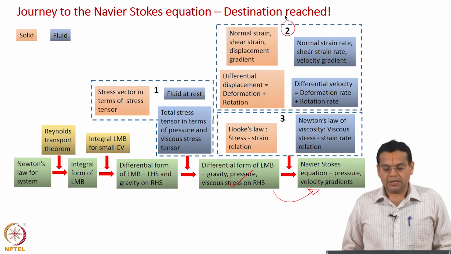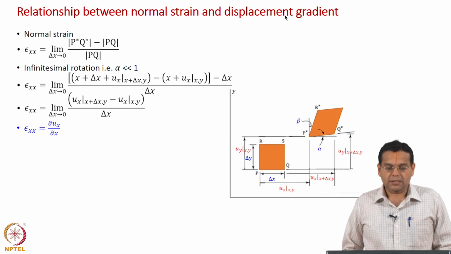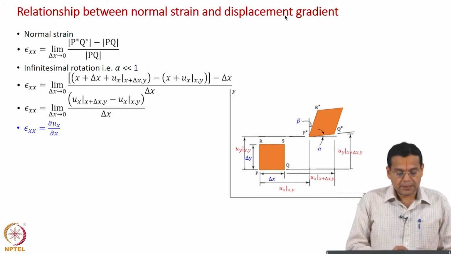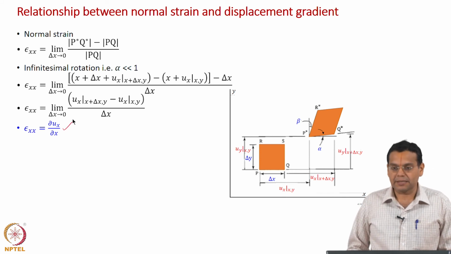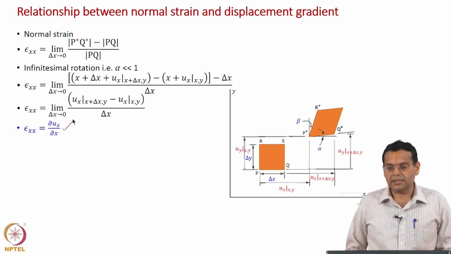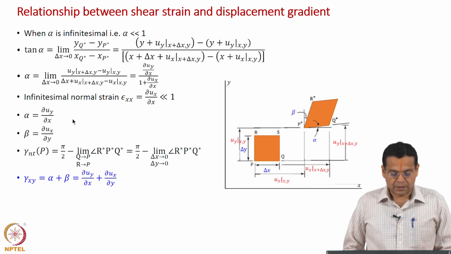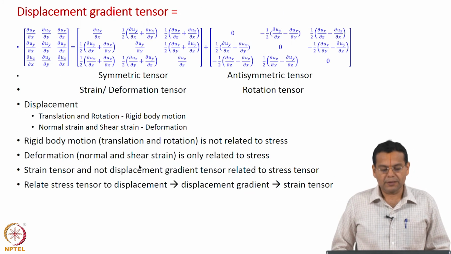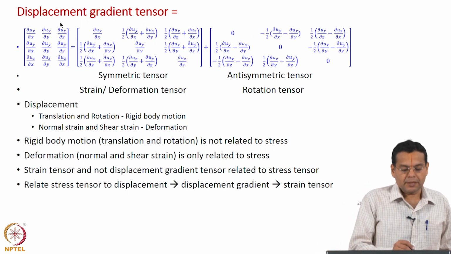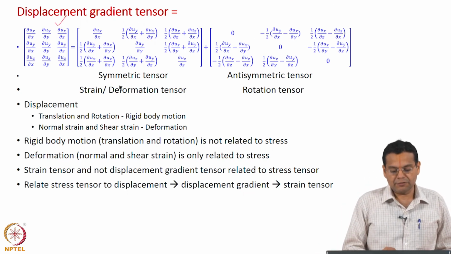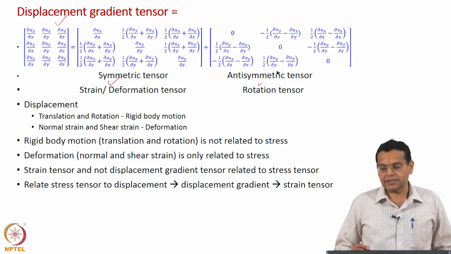Okay. And then we took a second diversion to solid mechanics, discussed normal strain, shear strain, expressed them in terms of the displacement gradients, the normal strain in terms of displacement gradient, the shear strain in terms of displacement gradients. And more importantly, we discussed that the displacement gradient tensor is a sum of strain tensor and rotation tensor.